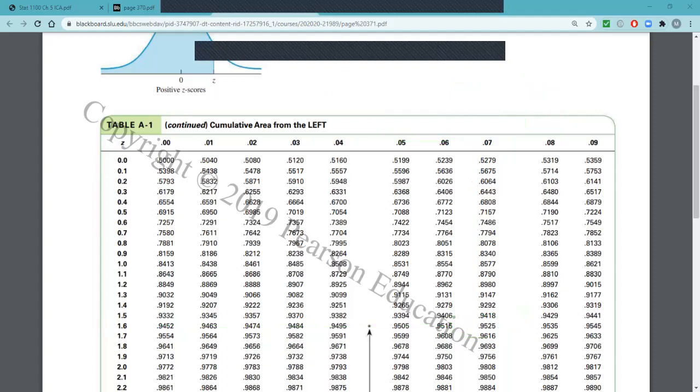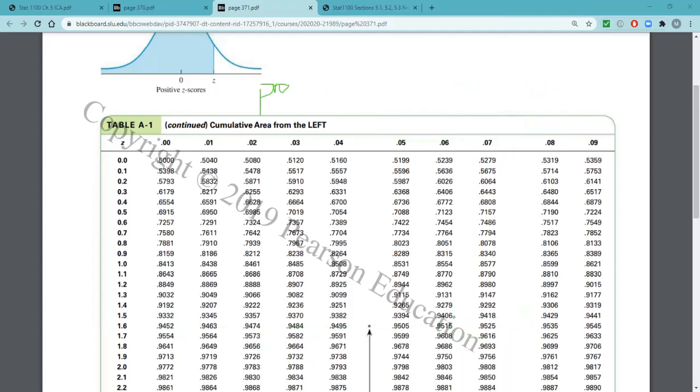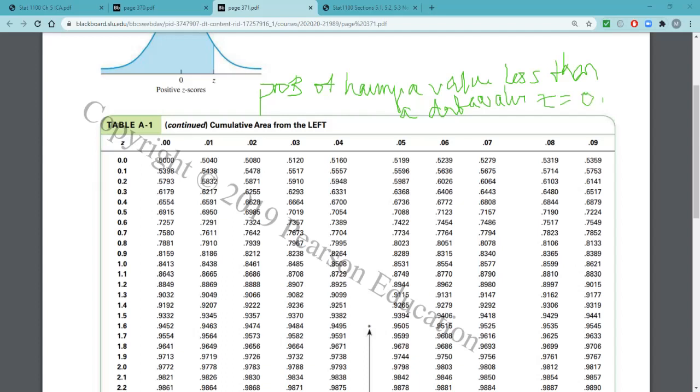Let's say that I wanted the probability of having a value less than a data value that gives us a z-score of 0.23.